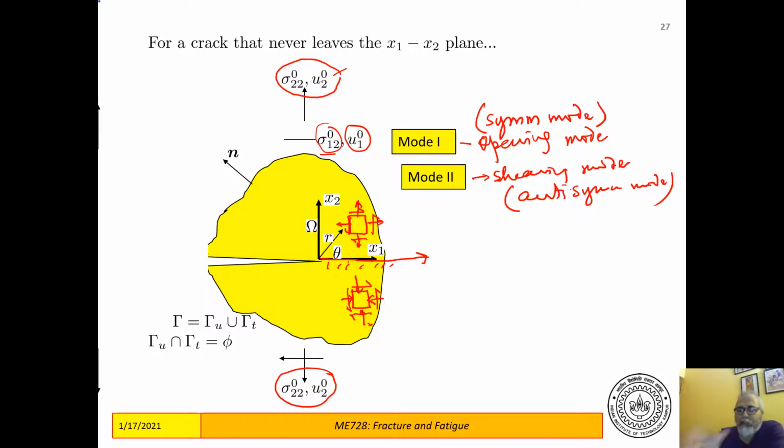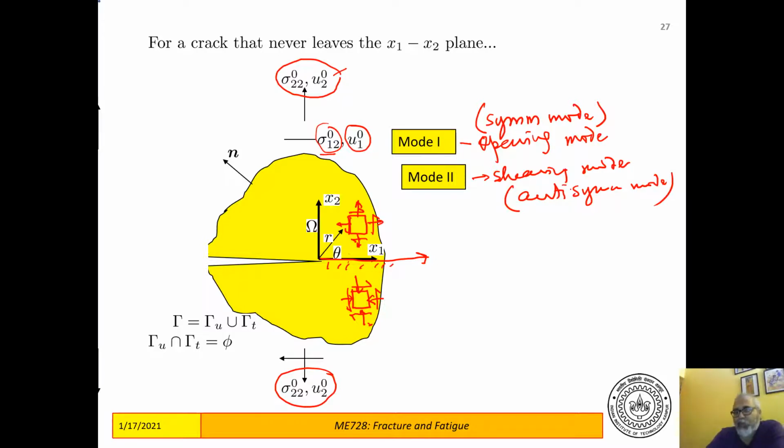But any combination of this can be applied, in which case your solution would be a combination of mode 1 and mode 2. This is all that you can do by applying stresses in the plane. Okay, you have only three stresses in the plane. Sigma 110 does nothing, so sigma 220 and sigma 120 are all that you can apply.